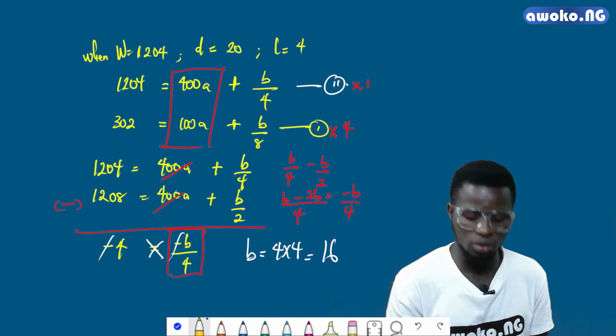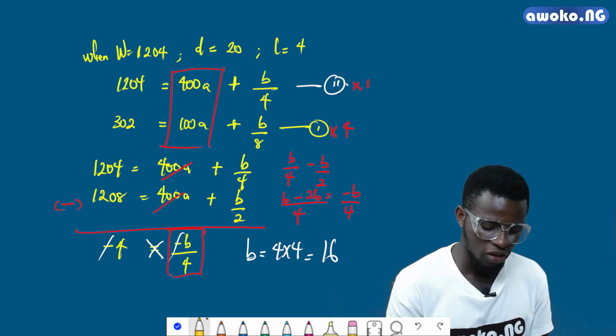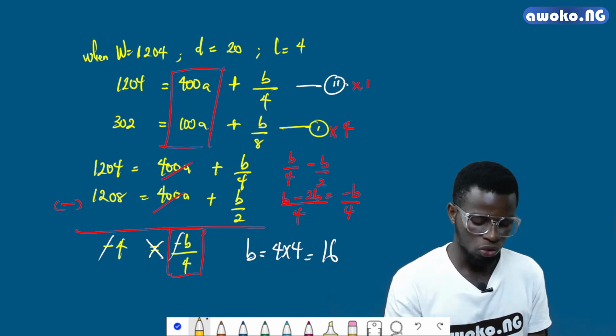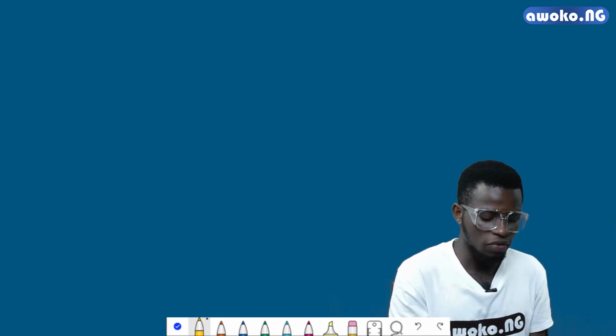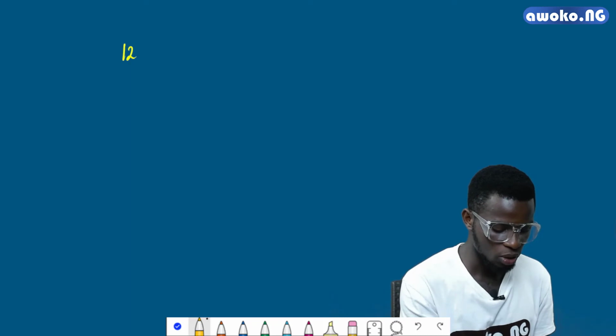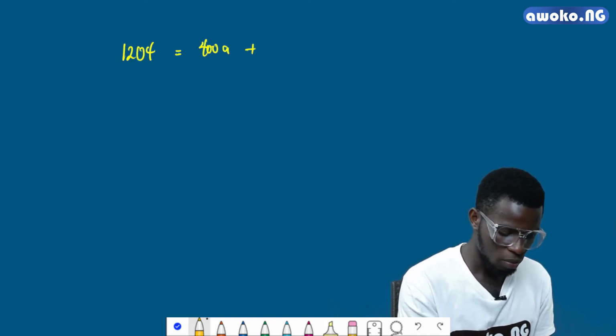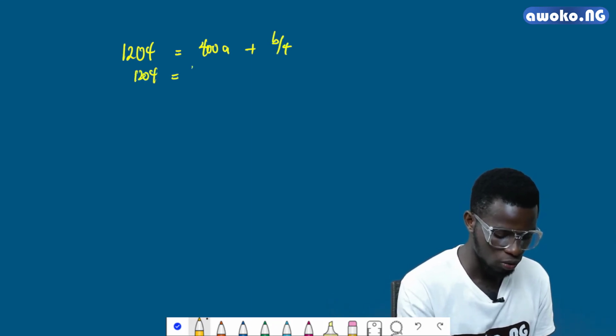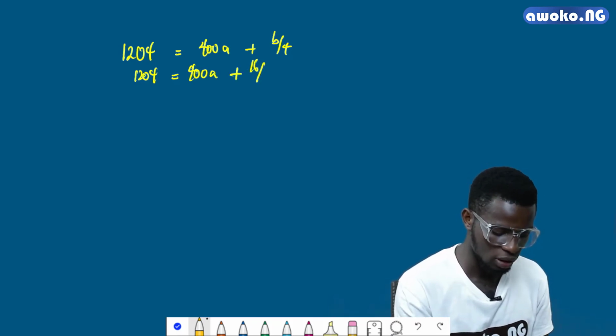Since we have B equal to 16, we can substitute the value of B into any of the equations, be it equation 1 or equation 2, to obtain the value of A. Is that okay? Let us substitute the value of B into equation 2 so as to obtain the value of A. 1204 is equal to 400A plus B over 4. So 1204 is equal to 400A plus 16 over 4, which of course will give us 4.